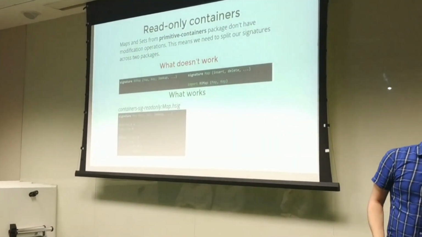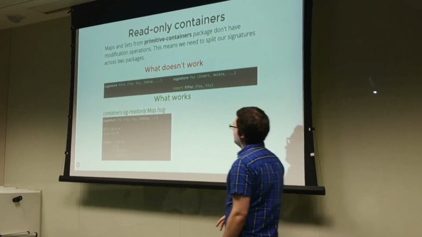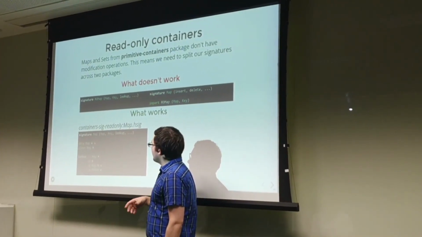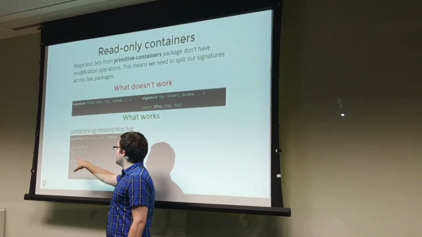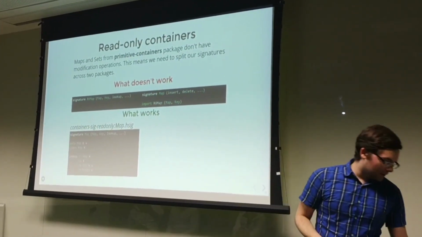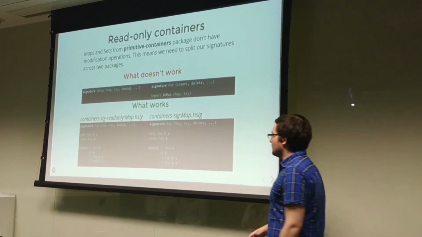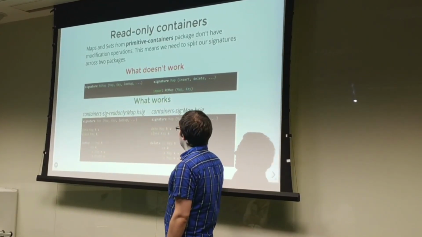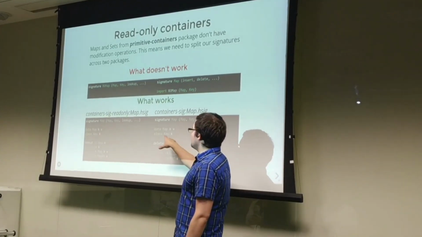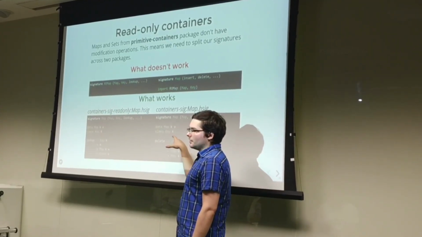And what actually works? What actually works is that you have one package called container-read-only, where you have the data type Map plus Key and all the query functions, and all your modification operations should be put in a different package, container-sig. And there you write all your modification functions, but you also duplicate this part with the data type and class.